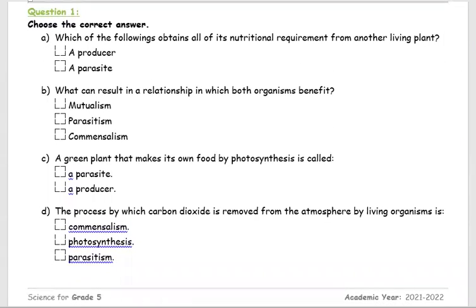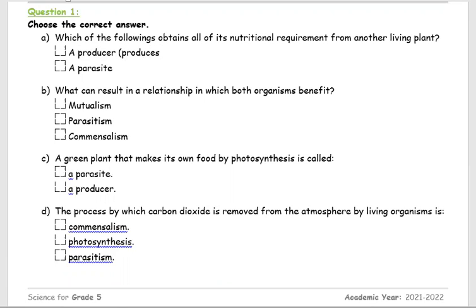Let's start with question number 1. Which of the following obtains all of its nutritional requirement from another living plant? Is it the producer or the parasite? Which one gets all of its nutrients from another living plant? A producer produces its own food. It doesn't take any nutrients from another plant.